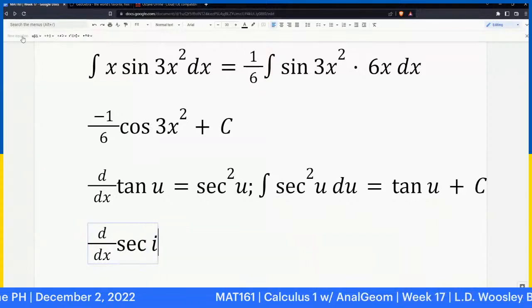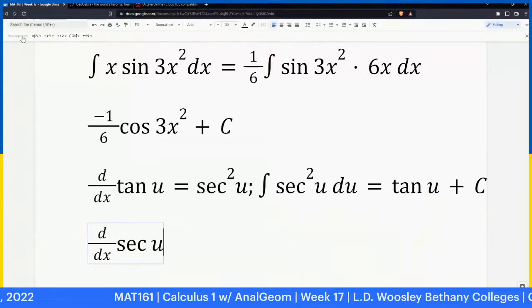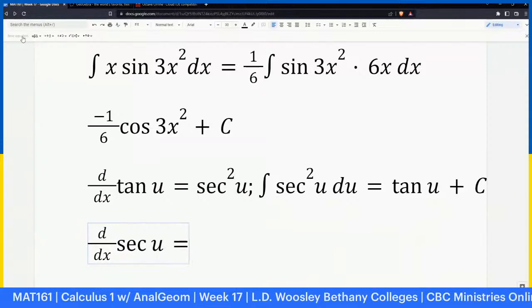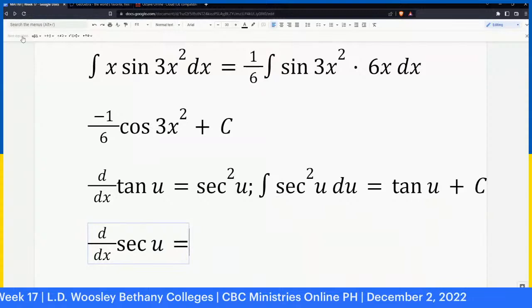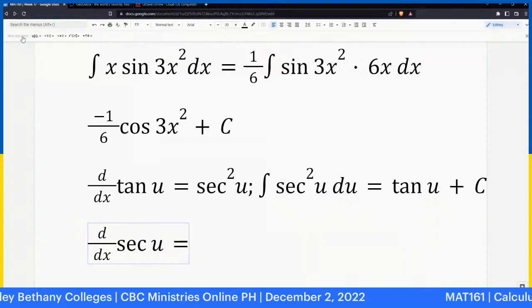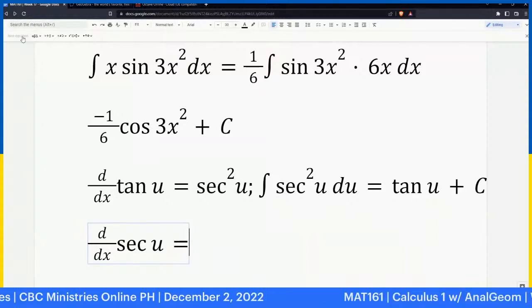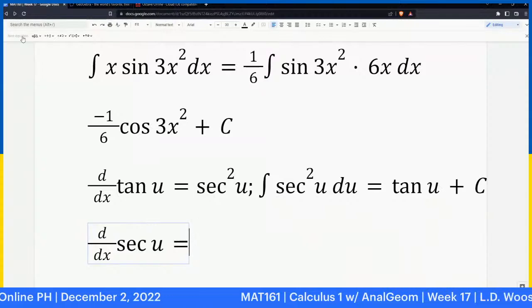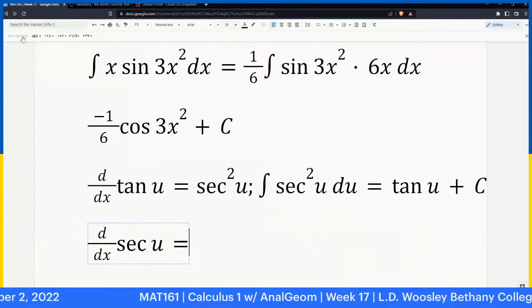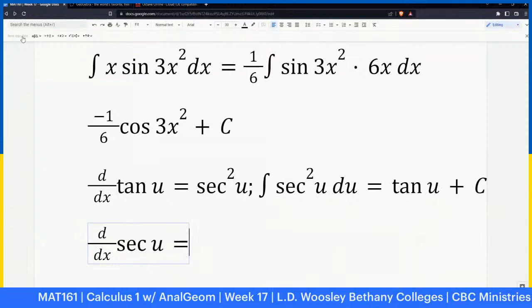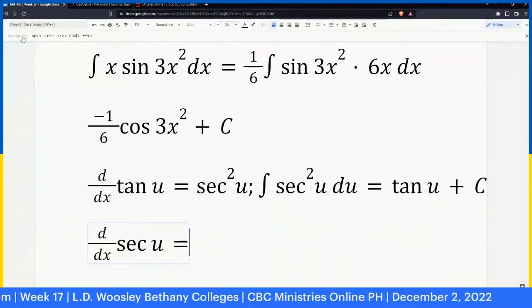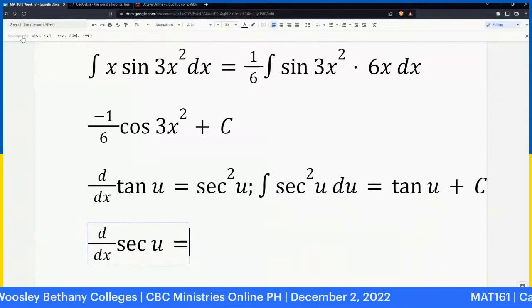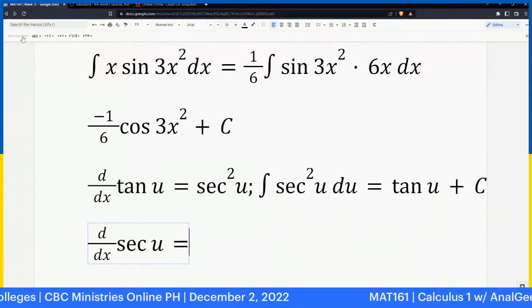What's the derivative of secant, guys? Pwede nyo i-derive yan.